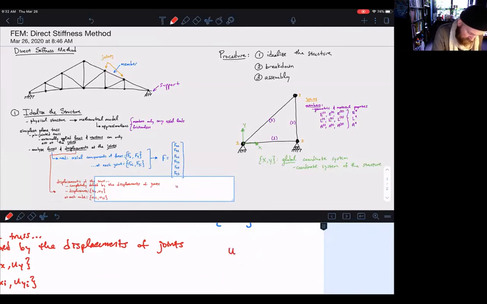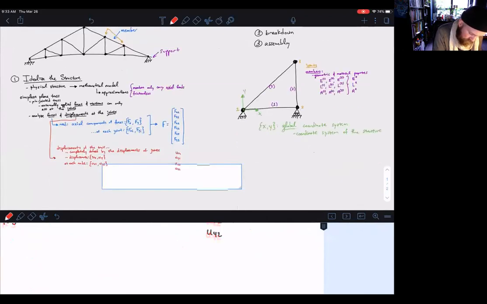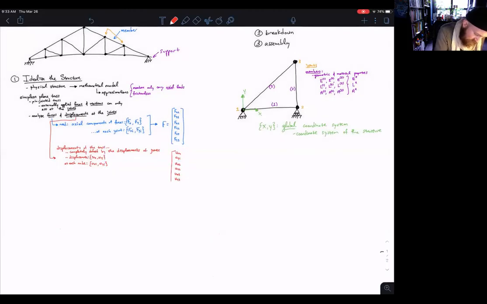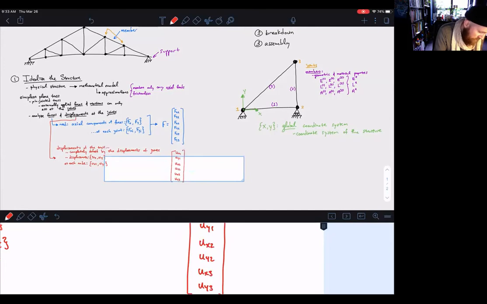We would have ux1, uy1, ux2, uy2, ux3, and uy3. Again, we have a column vector for our displacements. These are the state variables of our problem.